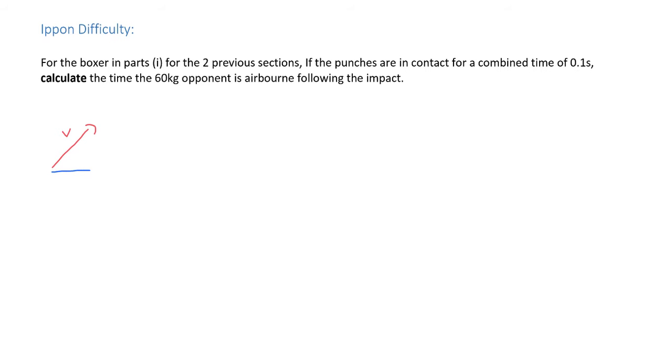What we need in terms of working out the air time is the vertical component, v sine theta. So theta is going to be a similar triangle to the force one. I think it was 625 something divided by 846. So that will be your sine theta.